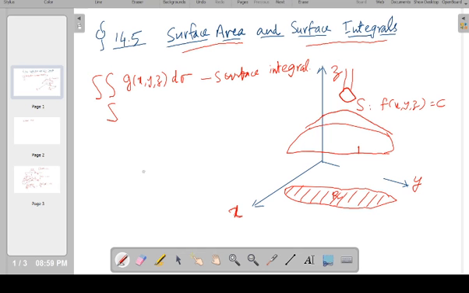I want you to go through the textbook and understand what is meant by the surface area of S. How do you derive the surface area of S? So I'll go to the next page. Yes, here.